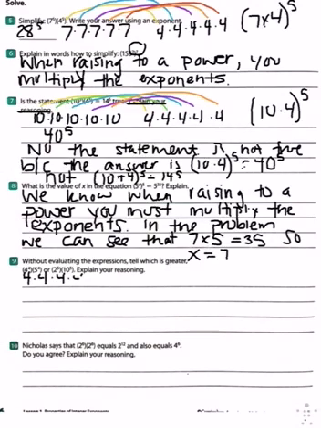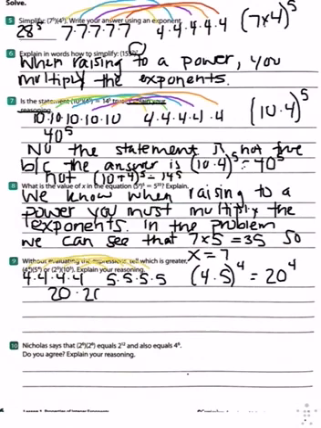We can match those up and get our problem, 4 times 5 to the 4th power. 4 times 5 is 20, so it's 20 to the 4th power. 20 to the 4th power is 20 times 20 times 20 times 20.